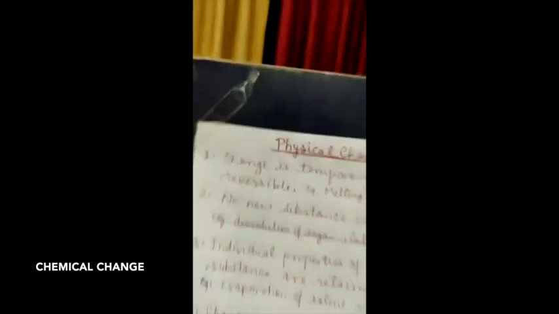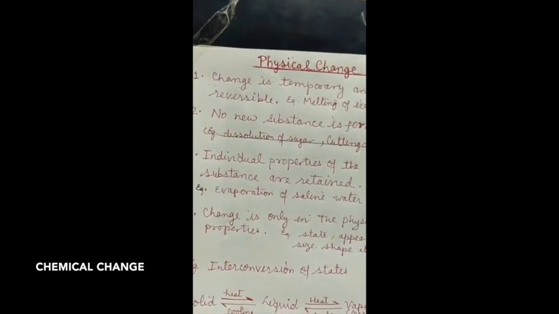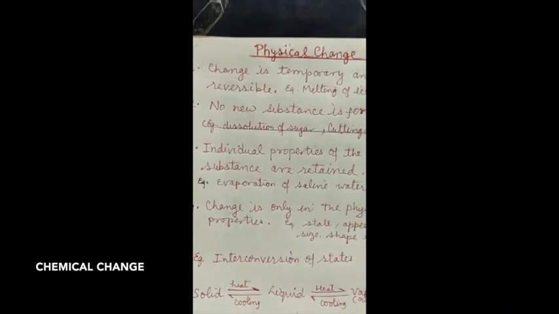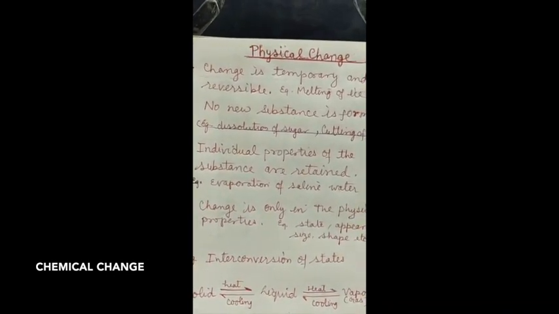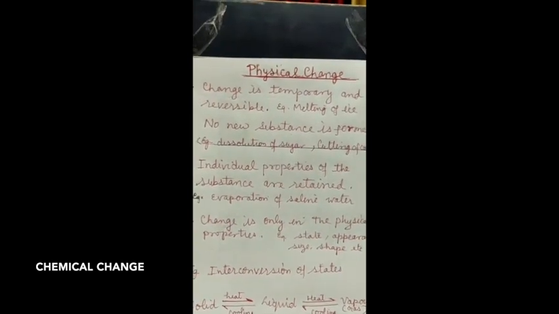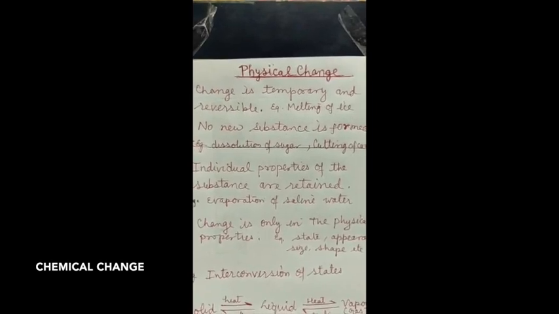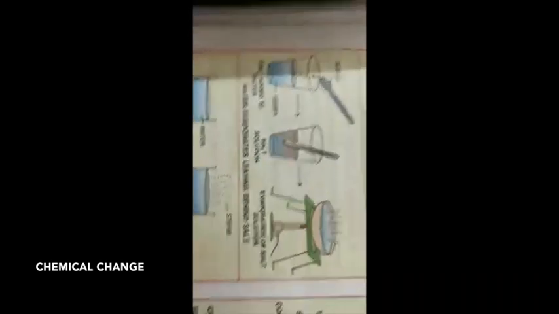Let's come to the third property, and that is individual properties of substances are retained. For example, evaporation of salty water or evaporation of sugar solution. Have a look at this experiment as well.